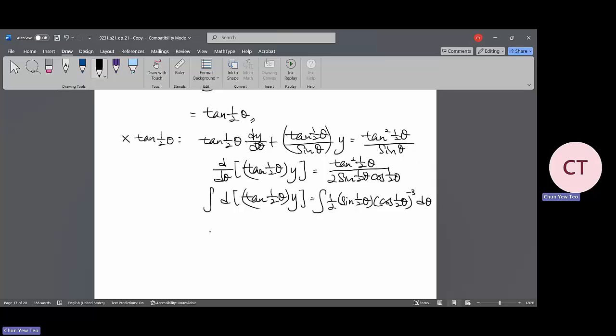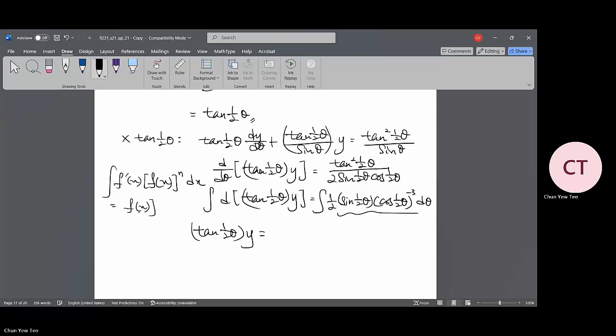Then the left-hand side, we just integrate it. You will get tangent half theta multiplied by y. The right-hand side over here, we will apply the formula of f prime f to the power n dx. We call this one the power rule.